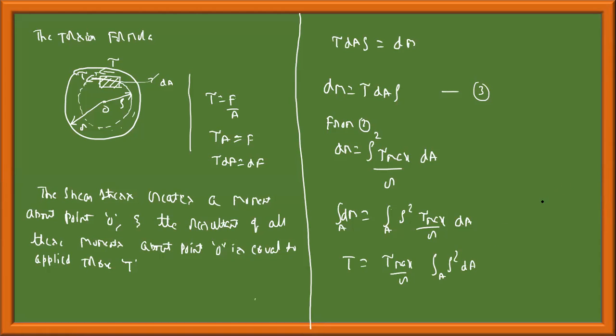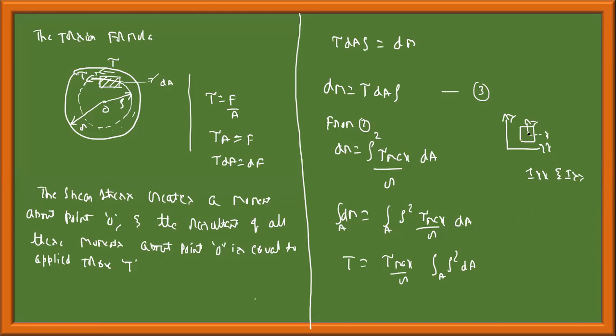See, rho square dA: there are two types of moment of inertia. For example, if I consider a rectangular cross section with x and y axes, I can take the moment of inertia about the x axis, Ixx, and about the y axis, Iyy.